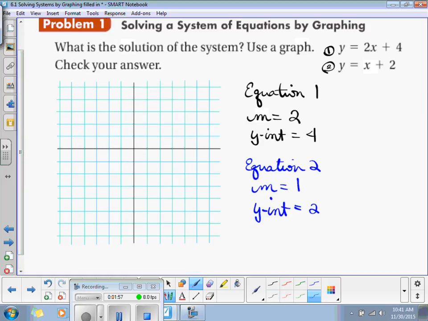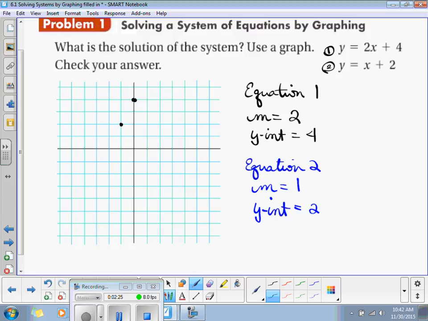So, for equation 1, our y-intercept is 4, so we have 1, 2, 3, 4. And our slope is 2. So that's going to be up 2. I don't have any room to go to the right up there, so I could go down 2 and to the left 1.